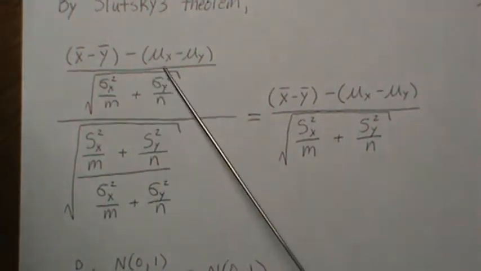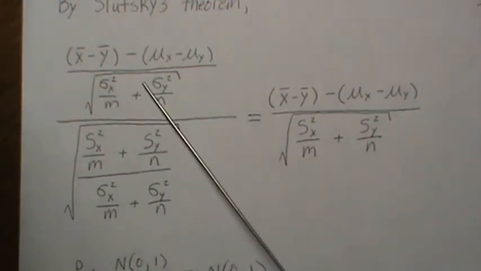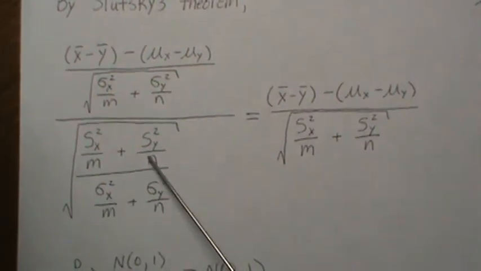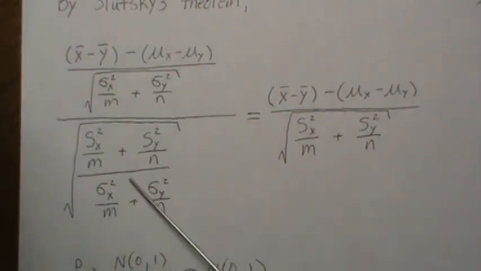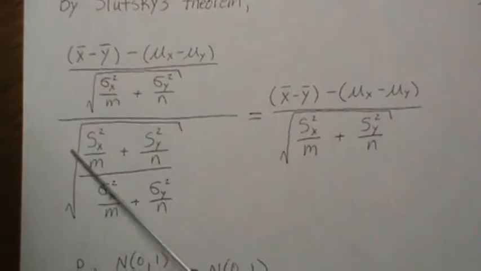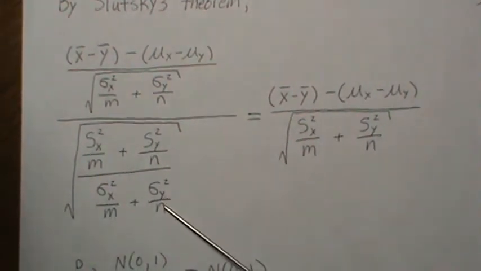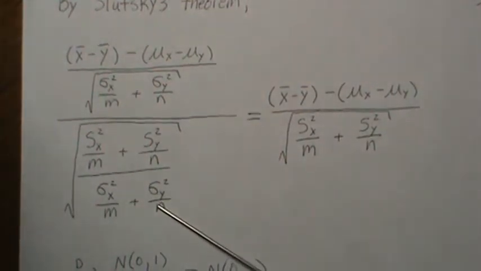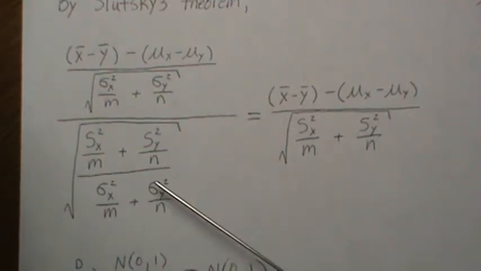The way they do it is, well, this is a standard normal, and if this bottom part was the square root of a chi-squared divided by its degrees of freedom, then this quantity would be a t-distribution. But clearly this is not a chi-squared divided by its degrees of freedom. But he noticed that it's sort of close.